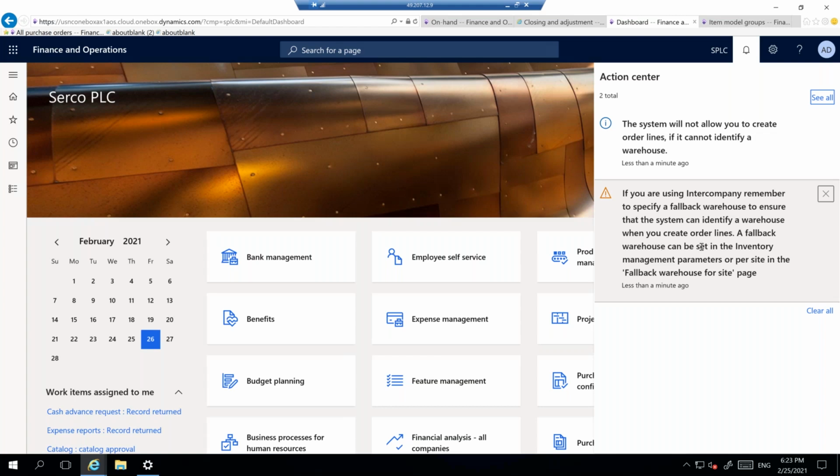A fallback warehouse can be set in the inventory management parameters. Understood? This is for intercompany stock transfer. Definitely I will show you in SCM. You are going to learn about stock transfers in 2-3 days.